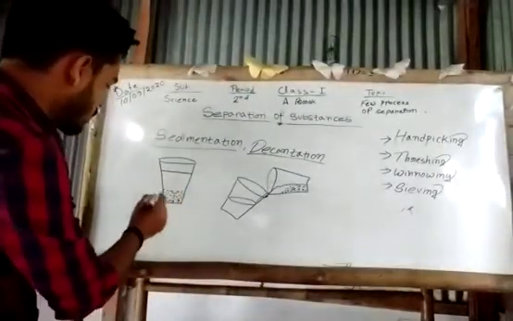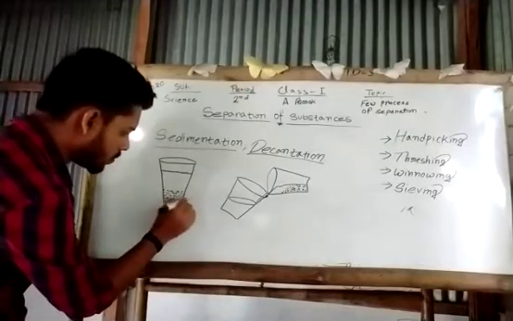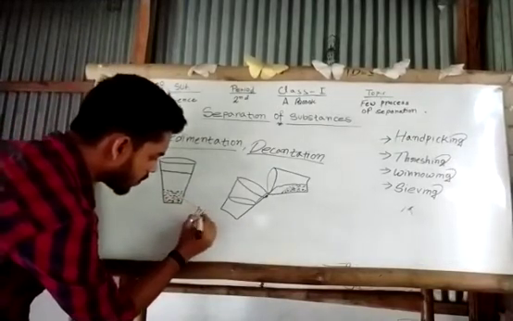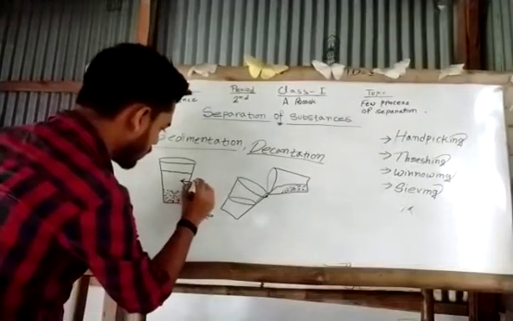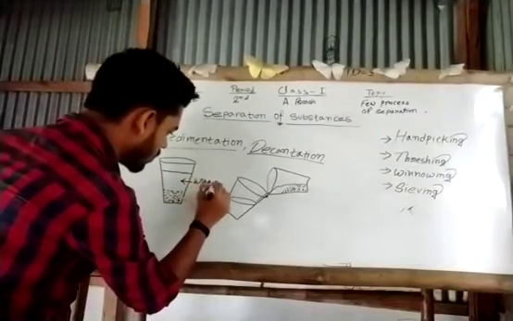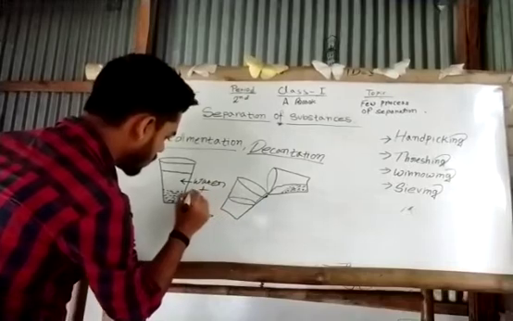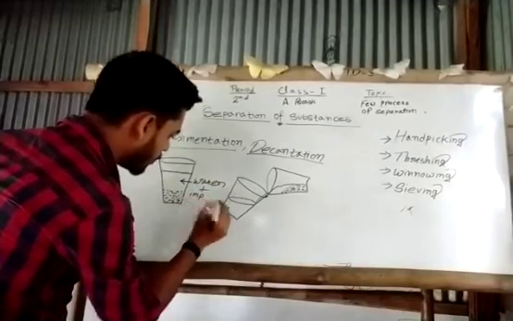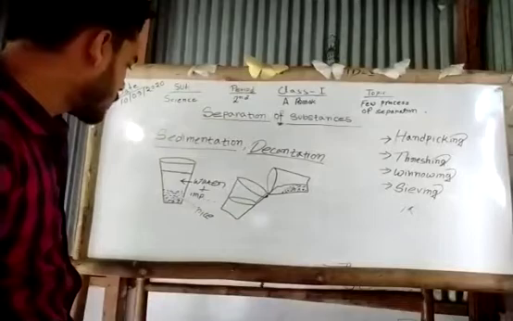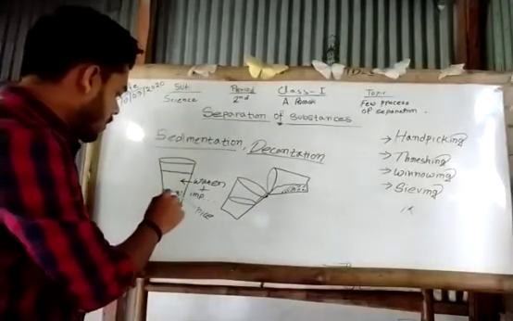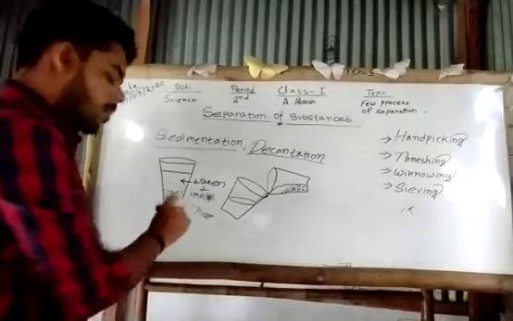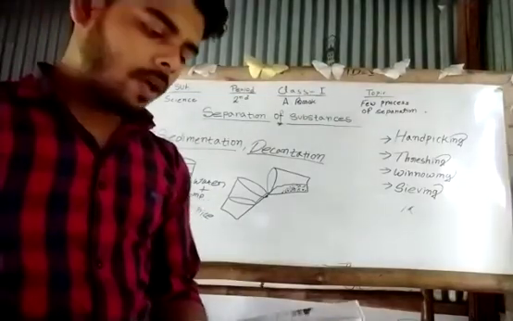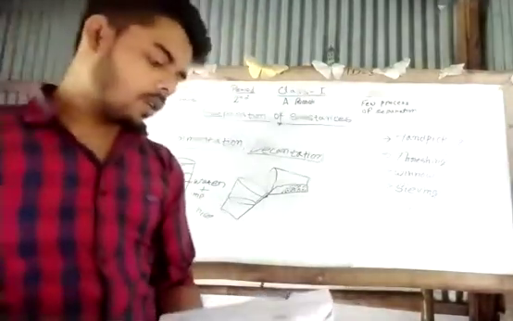So you can see this is rice, and this is the water plus impurities, right? After adding water, as I said, the heavier components sink in the water.